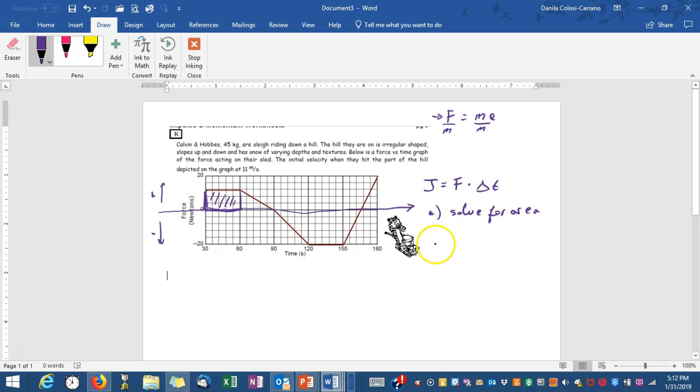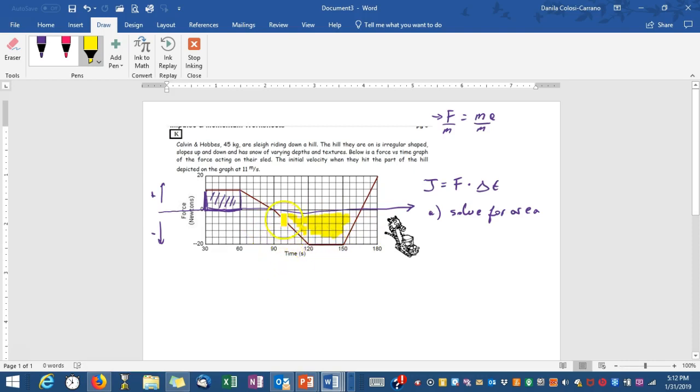So for the second part of your worksheet, when they ask which 30 second time interval contains a net negative impulse, if impulse is the area, where do you have negative areas? You have to figure out that this is below the zero mark. So these are the areas that are negative.